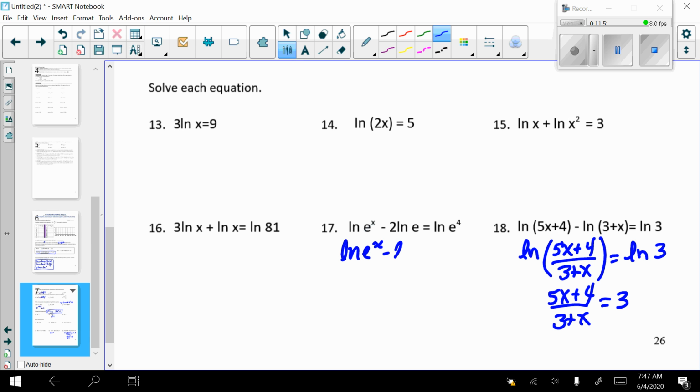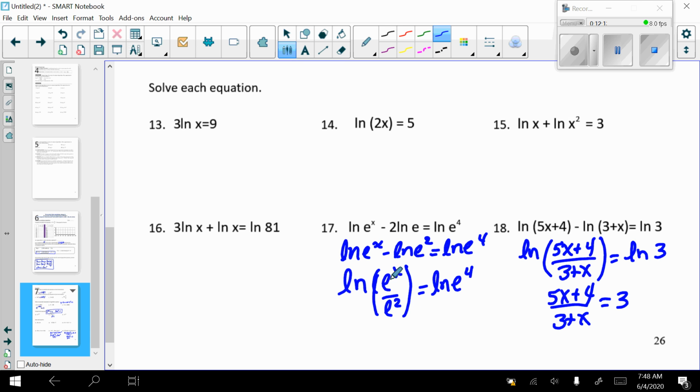I know this is going to be e squared, and then here was my e to the fourth. I'm going to leave it and not cancel it because I know I can use my subtraction property here. So I'm going to make it e to the x over e squared equals e to the fourth.